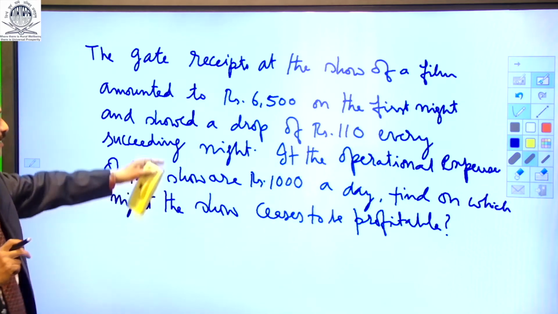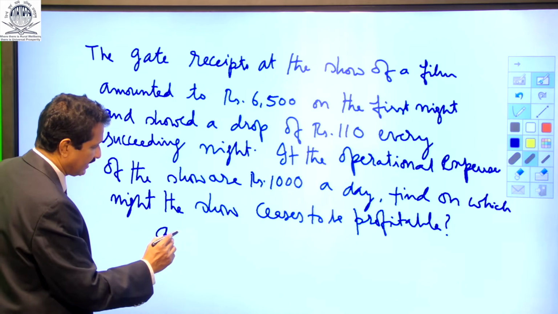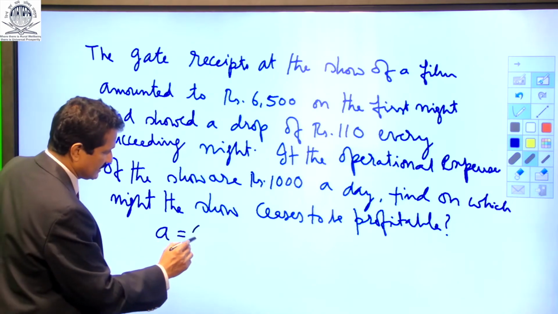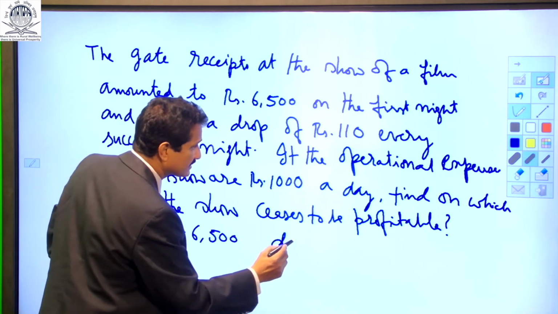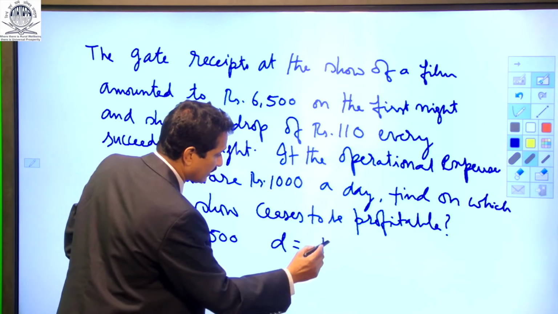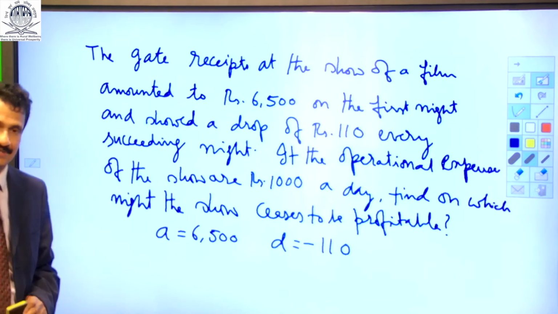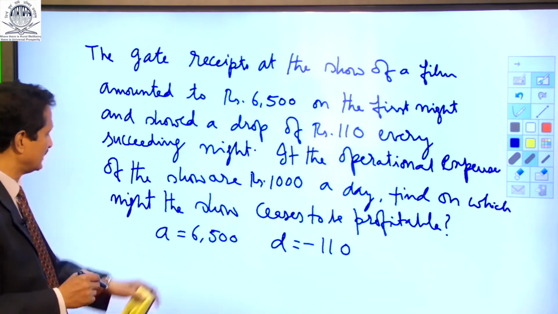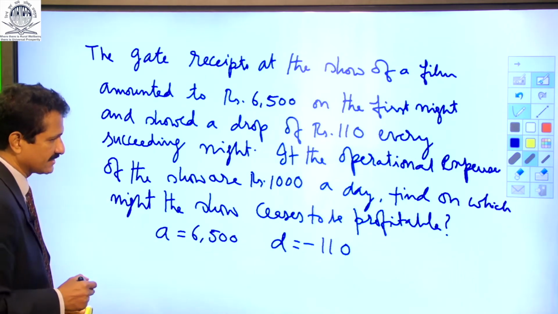It means the common difference is 110. So let me write here, A, the initial term is 6,500 and the common difference D is minus 110, because there is a drop, it decreases. So the common difference is minus 110 in this case.